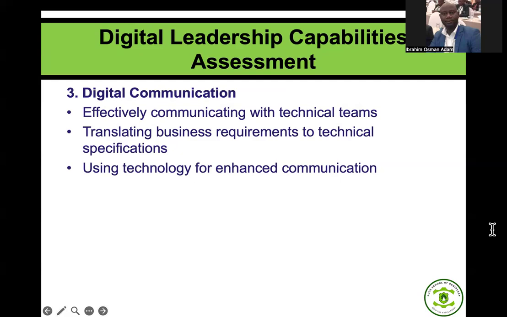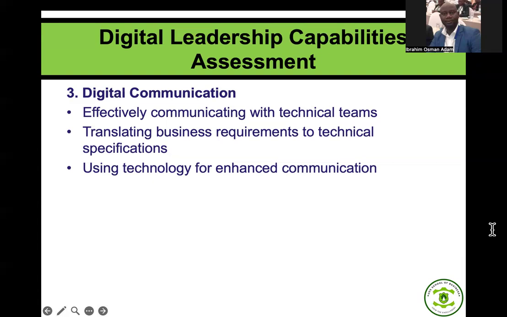Can you also be able to translate the business requirements into a language that the developers can understand? What do we mean by business requirements? If technology is going to be implemented, those in the organization would have their requirements, right? We call that the business requirements. They are the non-technical requirements. But the technology itself will also have its requirements, and we refer to that one as a what?